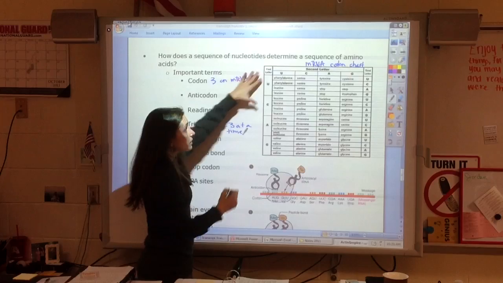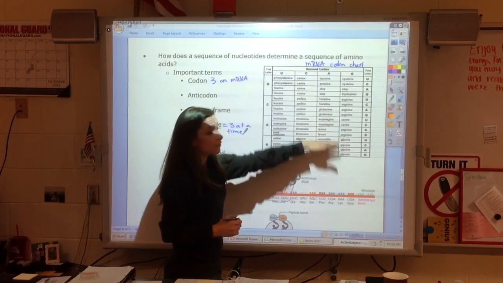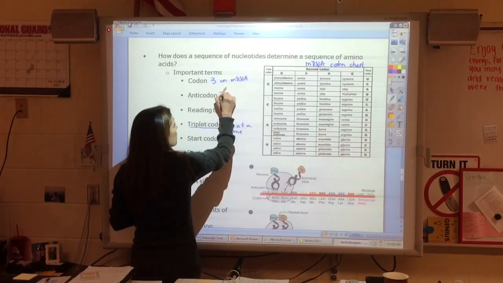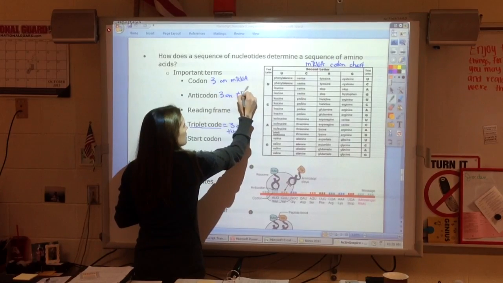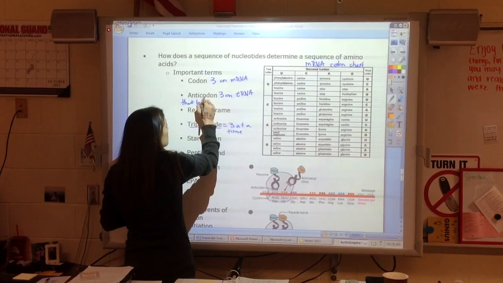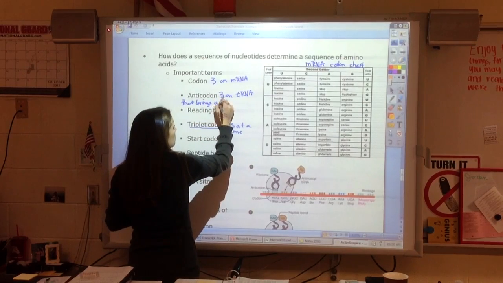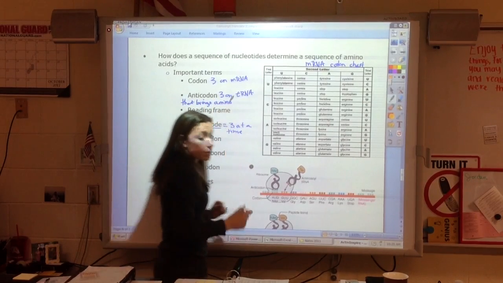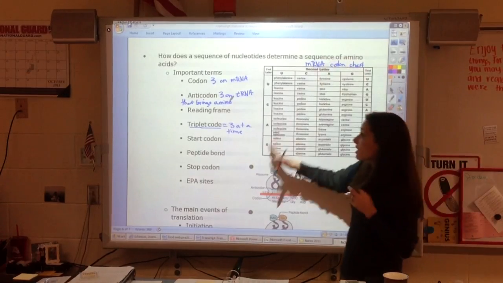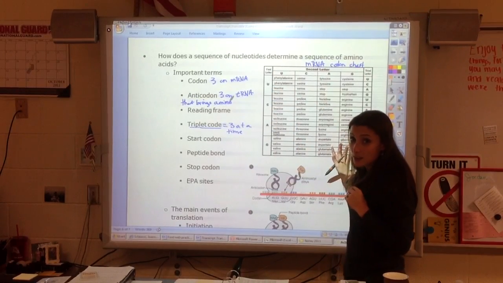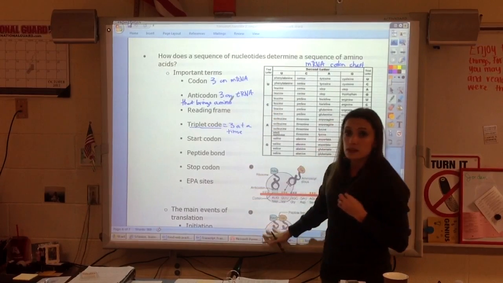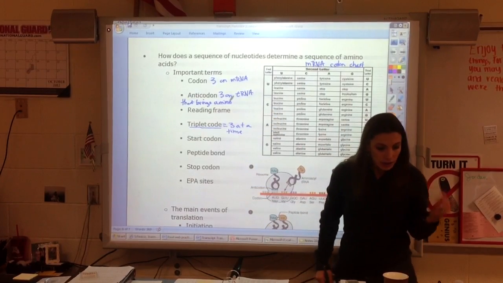And so we use this chart, which you should be able to follow, to find the amino acid. But the anticodon is 3 on tRNA that brings the amino acid. So we'll practice this a little bit more, but the main idea is that you can use an mRNA sequence to find the amino acids, but also that you can describe everything that's going on. So that's where we'll stop.